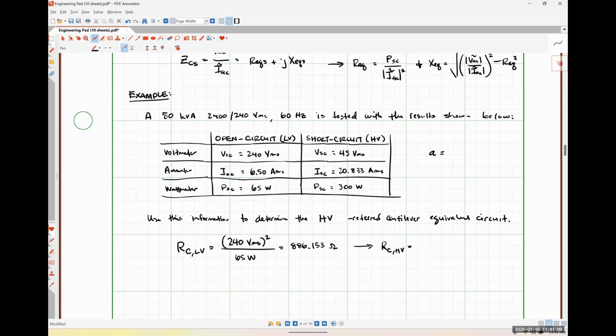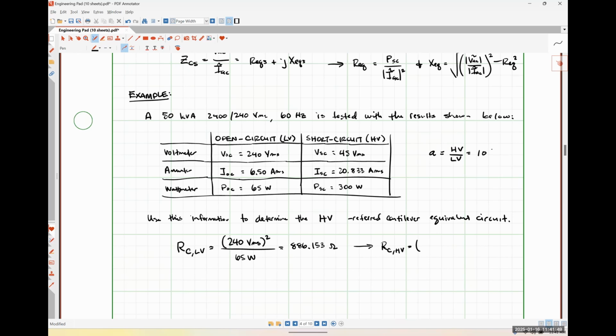So let's say, just for the sake of argument, that our high voltage over low voltage ratio will be A. Essentially we're treating the high voltage side as the secondary and the low voltage side as the primary. So in this case, that would be 2400 over 240, which is 10. Okay.